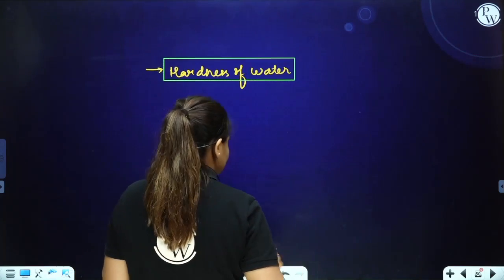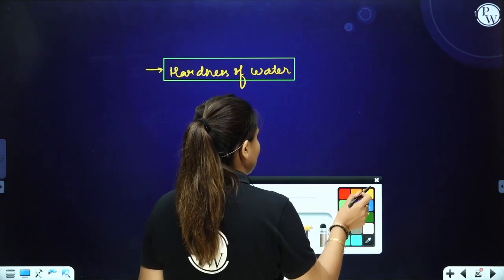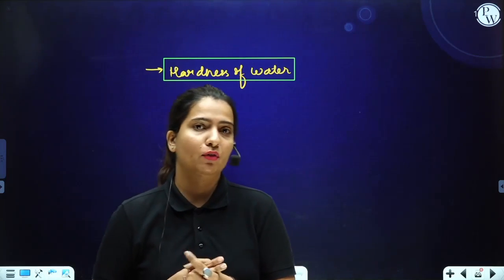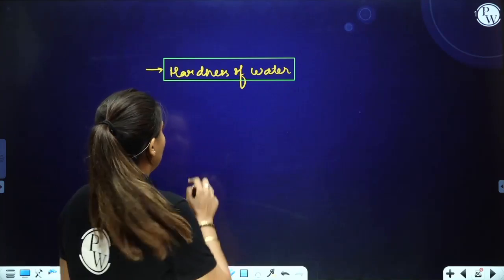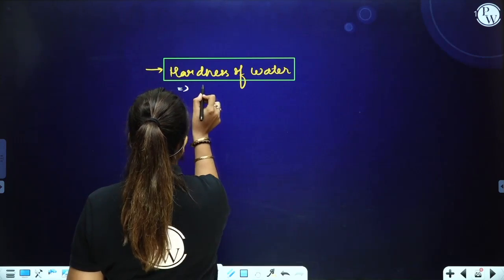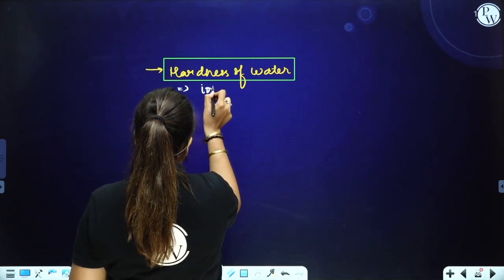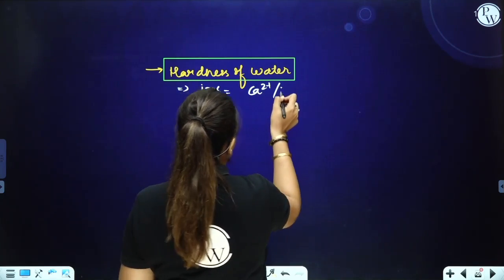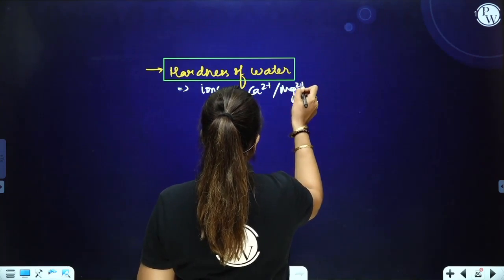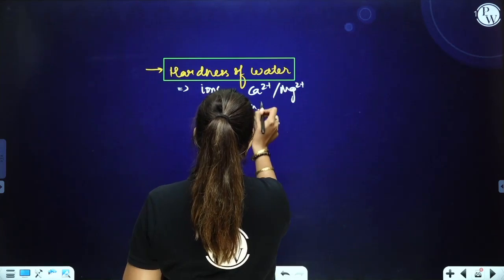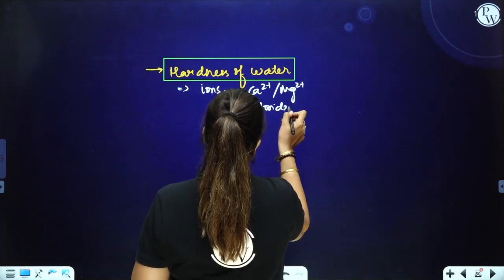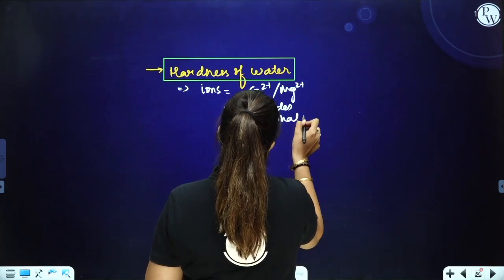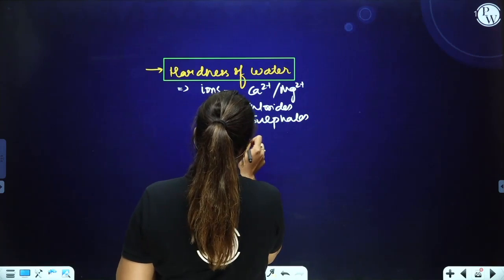Now let's discuss what all ions are responsible for the hardness of water and what types of hardness are present. Okay, hardness of water is because of the ions calcium 2+ and magnesium 2+, and their compounds as chlorides, sulfates, and bicarbonates.